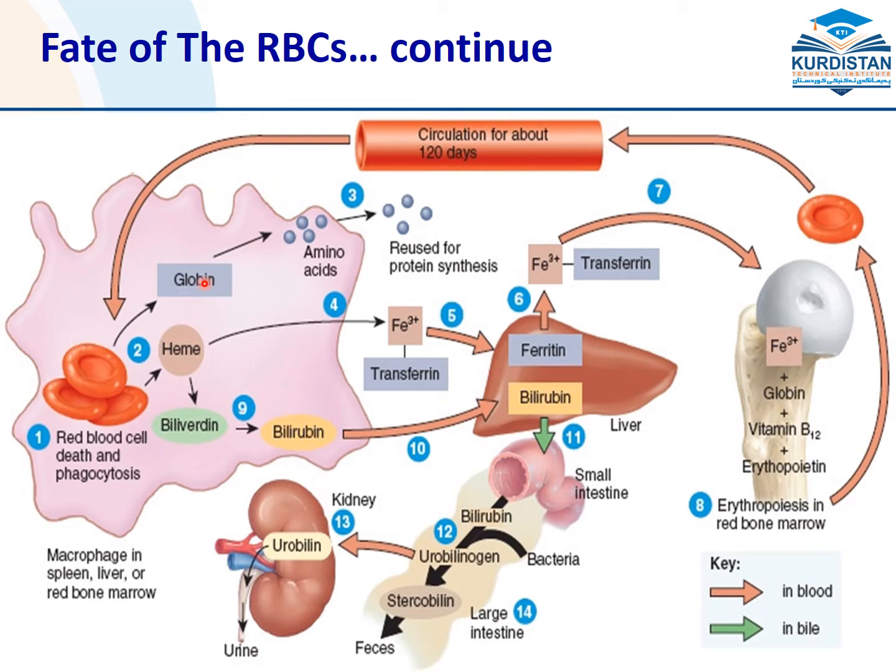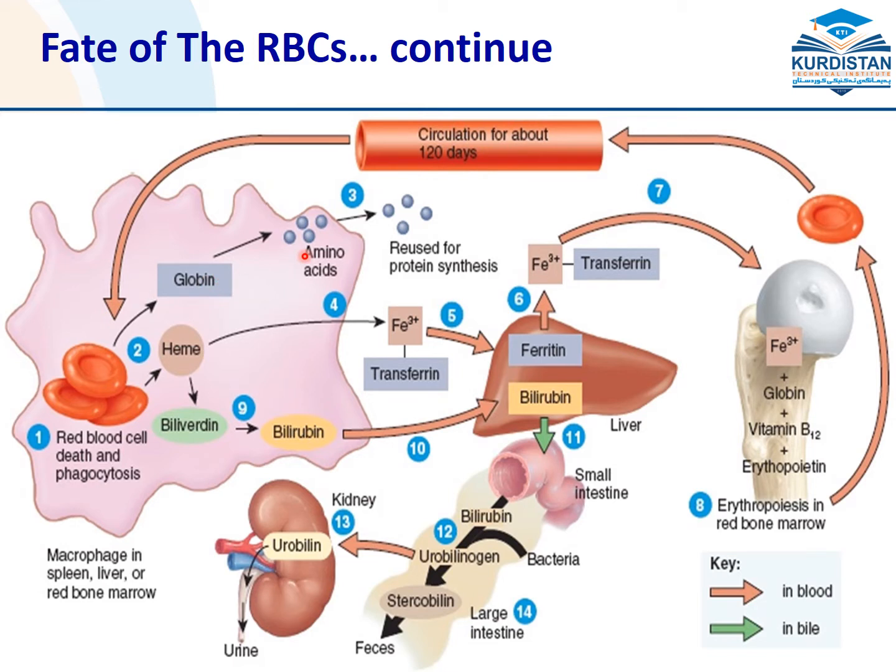So if you remember what we said, the red blood cell can act as a sac full of hemoglobin, so the released hemoglobin can be degraded into what? Into globin and heme.